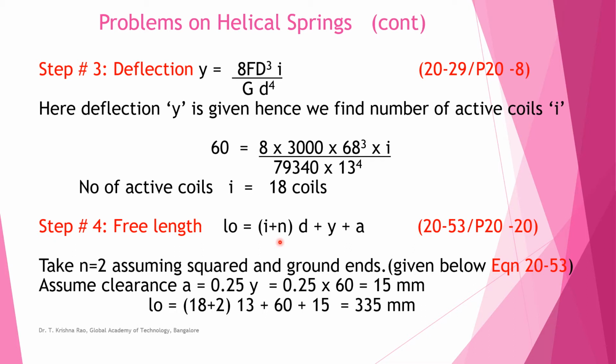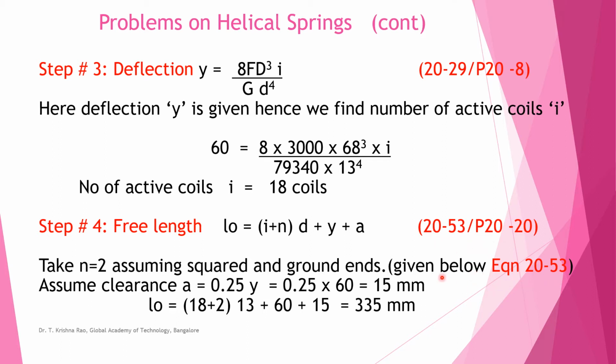So solid length is i plus n. n is extra coils what we use always. Always we take n as 2, assuming squared and ground ends, which is given in the table below the equation number 20.53.